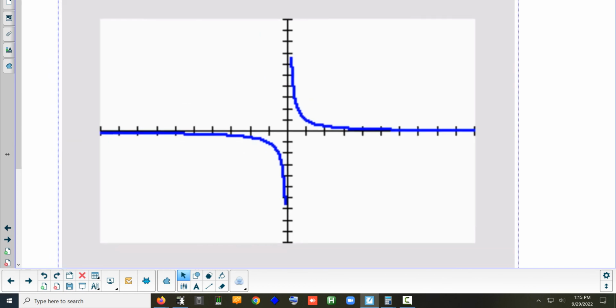Okay, so there's the graph of 1 over x. And it's a little bit misleading because it looks like it stops. It does not stop. This part keeps dropping down, and this part keeps curving up. That's what the graph of 1 over x looks like.